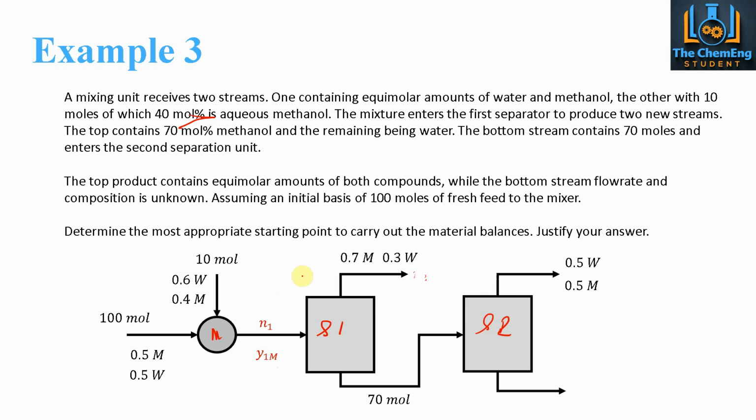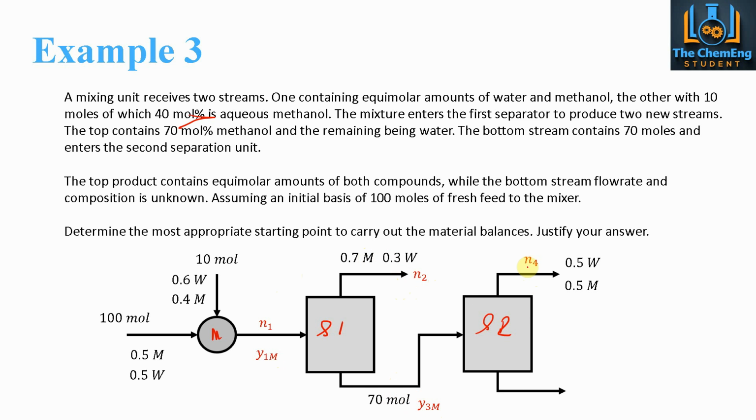Now we don't know the flow rate of the top product from the first separation unit. We know the composition, but we don't know the flow rate. So that's our third unknown. We therefore don't know the composition of the bottom product out of the first separation unit. We know the flow rate, but we don't know the composition. So that's the fourth unknown.